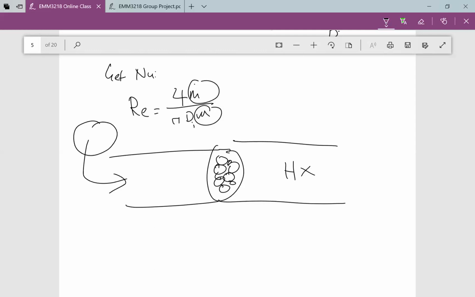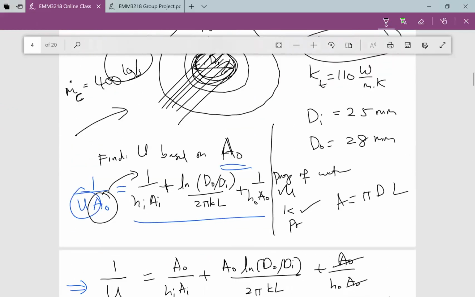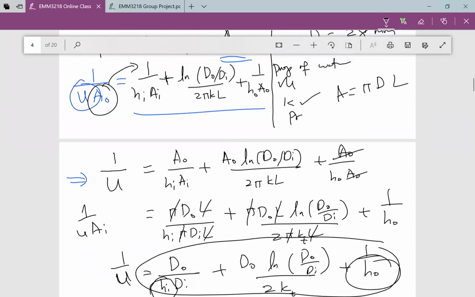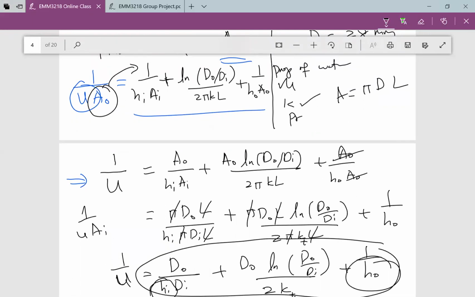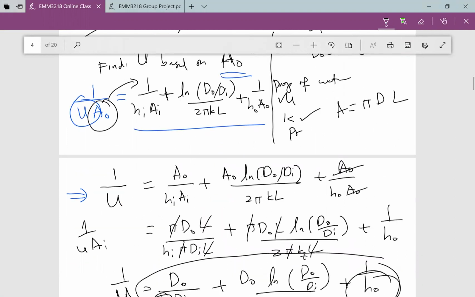So now the cooling water is approaching the heat exchanger at m dot equals 400 kilograms per second. So now when we analyze like this, we are actually looking at only one tube, right? Basically, the rest of the tubes are the same, with the same D_i, D_o, same length, right? The only difference is that you have 1,000 of them.